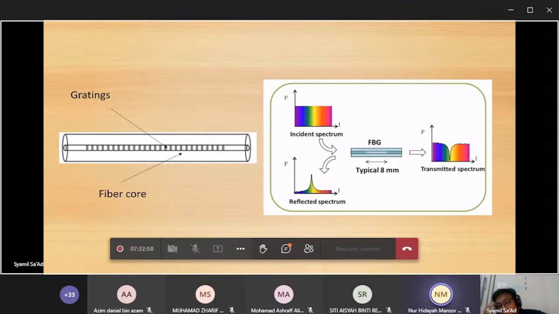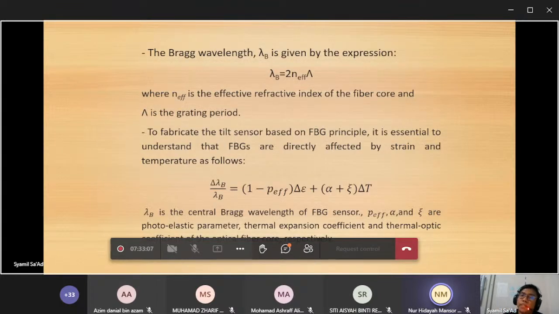The transmitted spectrum is just the broad spectrum without the reflected part, and the reflected spectrum is based on this equation: the Bragg wavelength equals 2 n effective times lambda, where n effective is the effective refractive index and lambda is the grating period, the distance between the gratings.